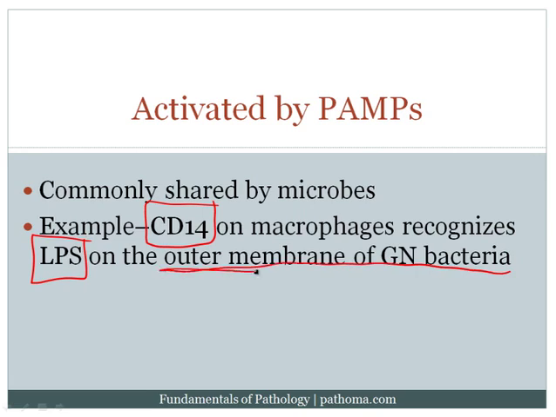So all gram-negative bacteria have LPS on their outer membrane. So LPS is sort of like a PAMP. It's a pathogen-associated molecular pattern, and it is recognized by CD14. When CD14 sees that PAMP, it then activates the immune system. And this, again, is very high yield. You do have to know that CD14 is present on macrophages and that it recognizes this PAMP, which is lipopolysaccharide.